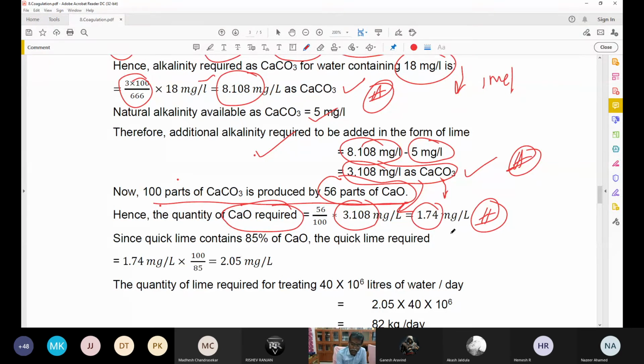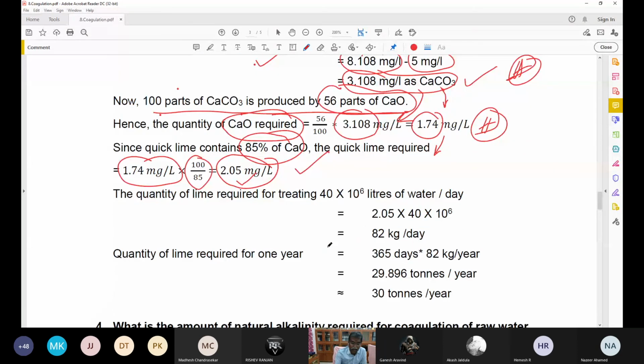But it is mentioned clearly in the problem that this calcium oxide or quicklime contains only 88%. So what do you do now? How much amount of the actual lime is required? 1.74 multiplied by 100 by 85. So if I add 2.05 milligram per liter, which may supplement 1.75 milligram of calcium oxide. So I may require 2.05 milligram. Then I can calculate the total.